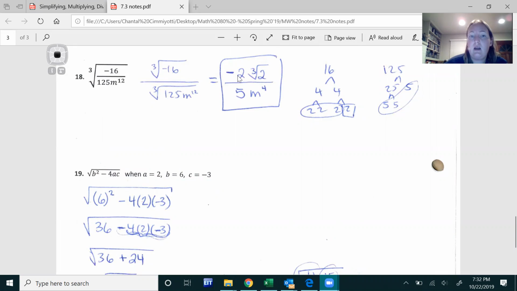This happens to be -2 cube root of 2, and I see I have 3 2's. That means I can bring a 2 out. The negative with an odd means a negative there. So this gives us the -8 times a +2 will give us that -16. So the leftover is 2. And in the denominator, we end up with 5 and then 12 divided by 3, so m to the 4th.